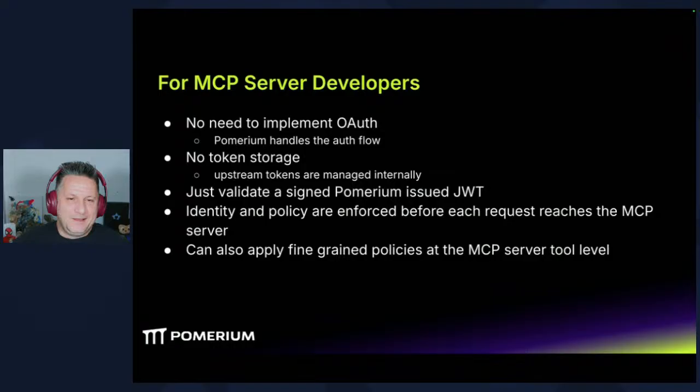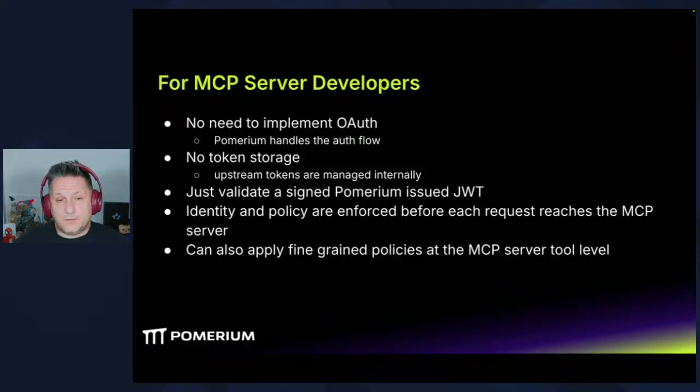So with Pomerium's open source offering, we handle this for you. The identity aware proxy acts as the OAuth flow, basically, in a remote MCP server. And the other thing that's nice is you might have OAuth for your MCP server, but your MCP server might also have a need to access some kind of upstream service like Google, or GitHub.